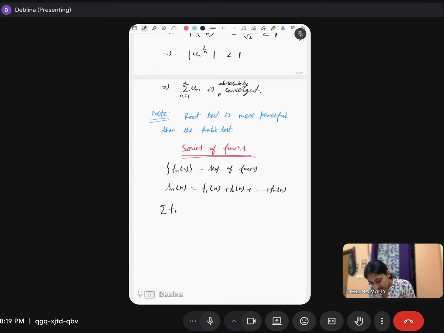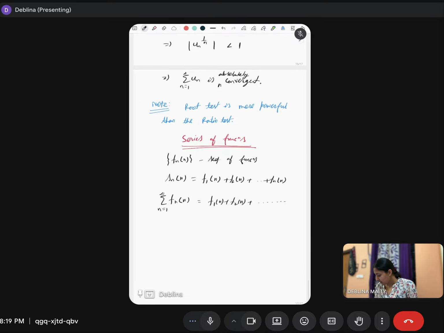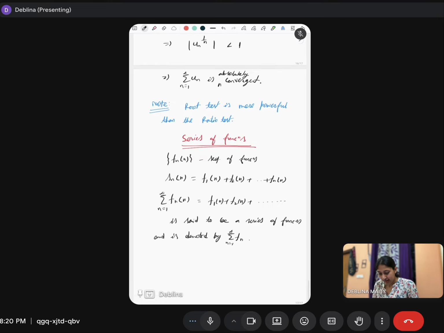This series f_1(x) plus f_2(x) and so on to infinity is said to be a series of functions, and it is denoted by the sum of f_n.